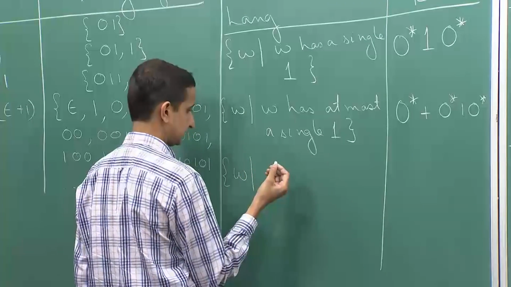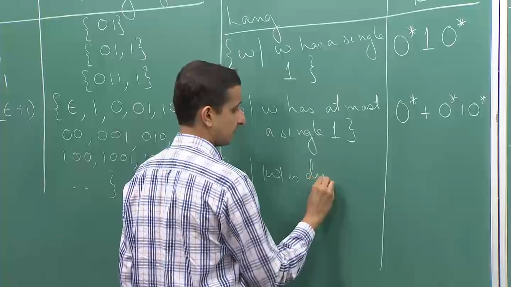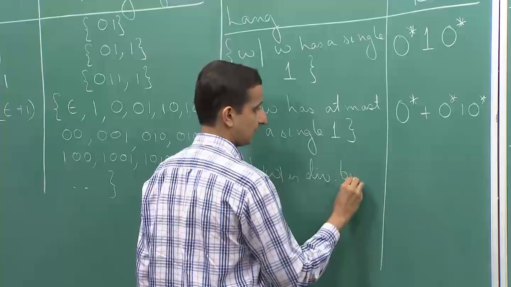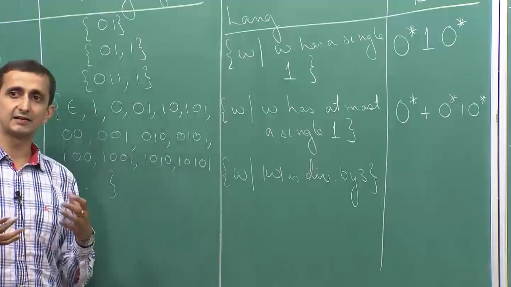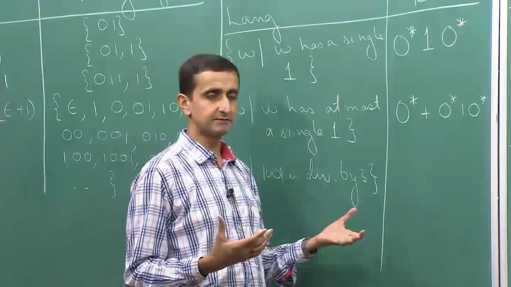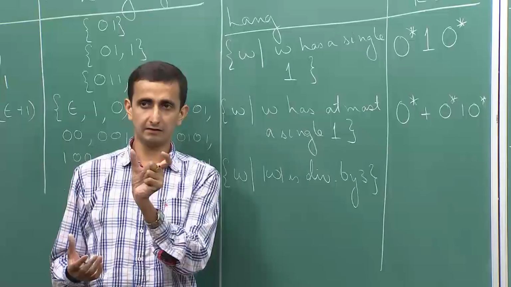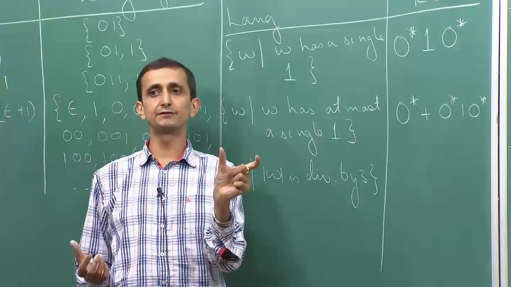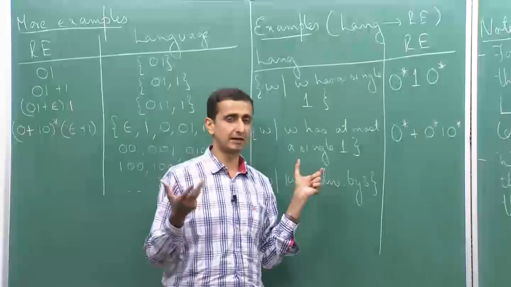The third is when W is a string such that length of W is divisible by 3. So, all strings whose length is divisible by 3. So, basically how do these strings look like? I will have a sequence of 3 symbols, then I have another sequence of 3 symbols, then I have another sequence of 3 symbols, and so on, and these symbols can be anything.